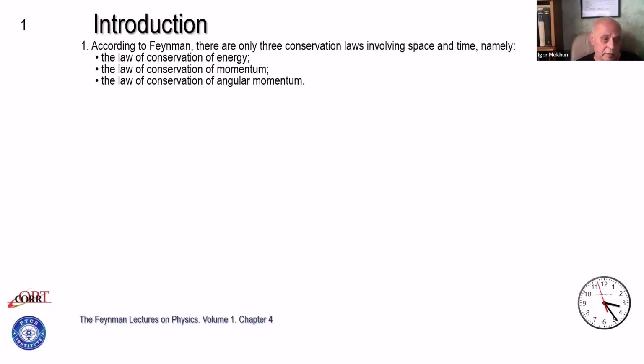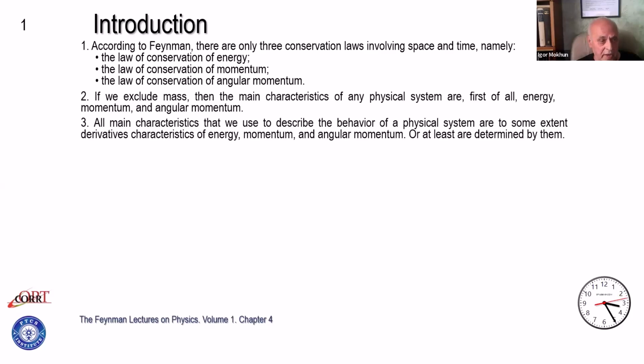These laws determine the basic characteristics of any physical system. Here, we will not talk about other equally important conservation laws, for example, the conservation of charge and other similar laws, since they are not directly related to time and space. A rather trivial conclusion follows from this statement. If we exclude mass, then the main characteristics of any physical system are energy, momentum, and angular momentum.